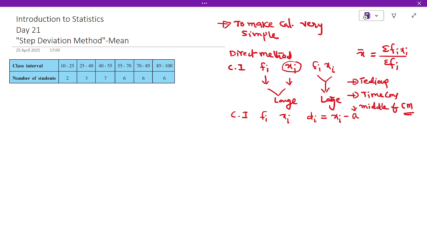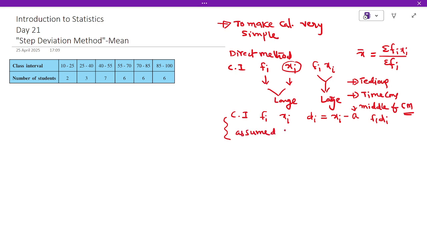Then, instead of xi, in the fourth column we have taken fi di. We have already seen that when you take the product of f and di, the calculations become very simple compared to the previous direct method. This method is called the assumed mean method.